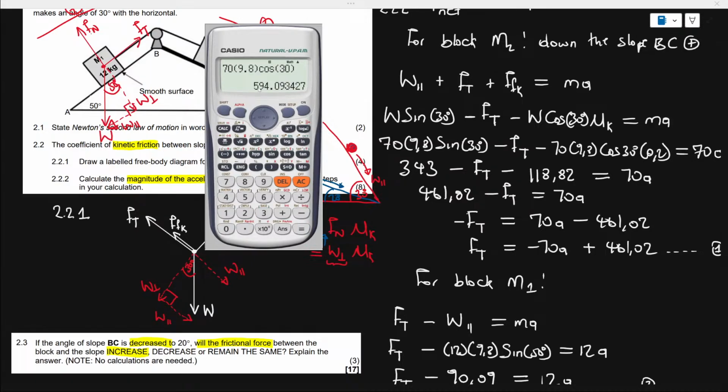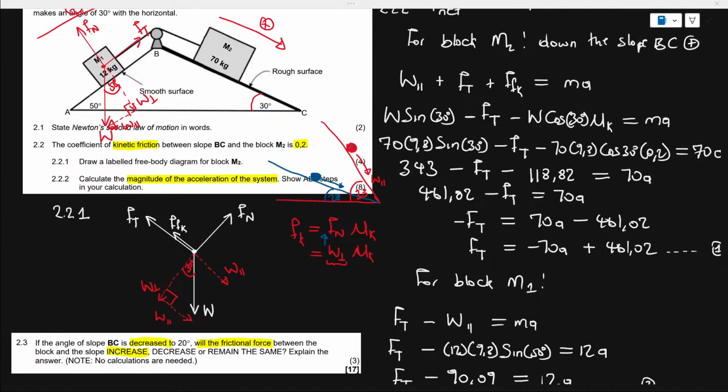So you see, we get 594 as our perpendicular component. Now if you change that to 20 degrees, what do you get? 644. The magnitude of the perpendicular component has increased. So this will cause an increase in the frictional force. So I hope you get it.